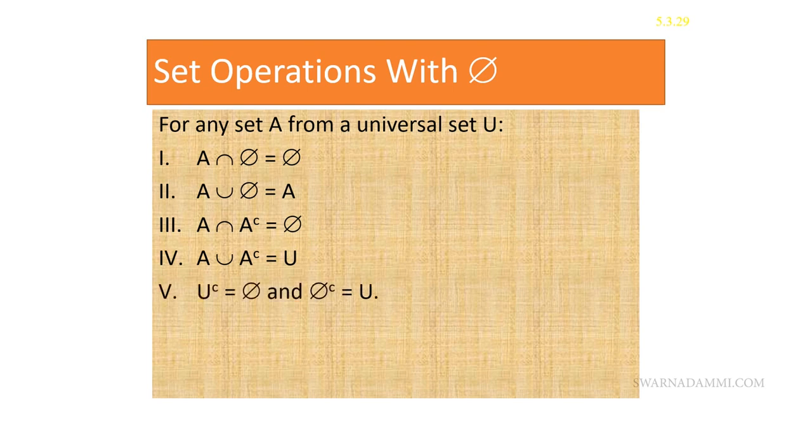Fifth one, the complement of the universal set gives us the empty set, and also the complement of the null set gives us the universal set. They are very important when we are doing set operations with the empty set and the universal set.